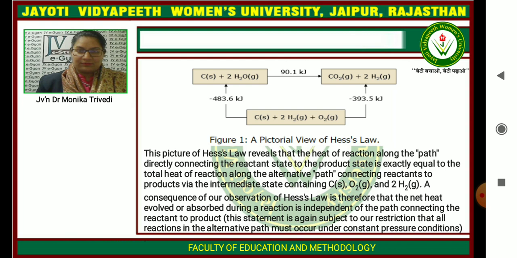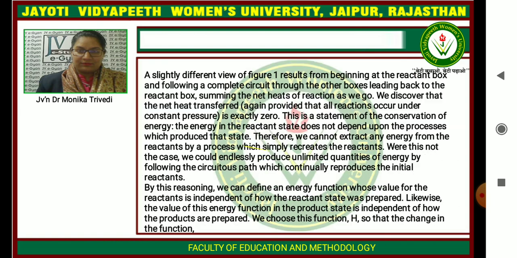It's just in the picture: different paths are involved in this reaction. What happened? The net heat evolved or net heat absorbed during the reaction is independent of the path connecting the reactant to the product. Okay, so the total heat of formation or total enthalpy of this reaction is equal to the sum of all the paths which change reactant to the product.